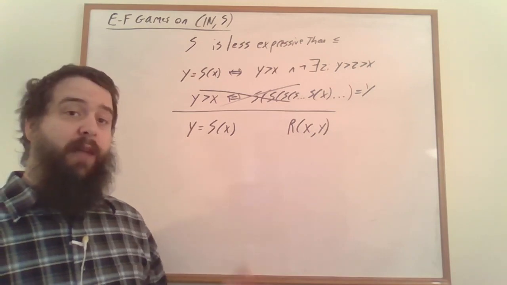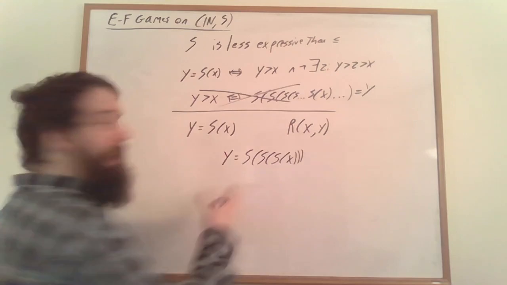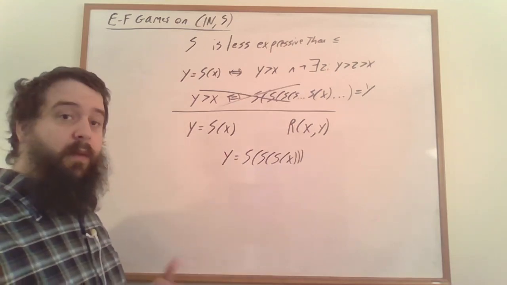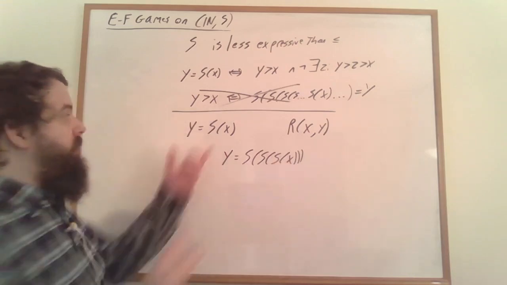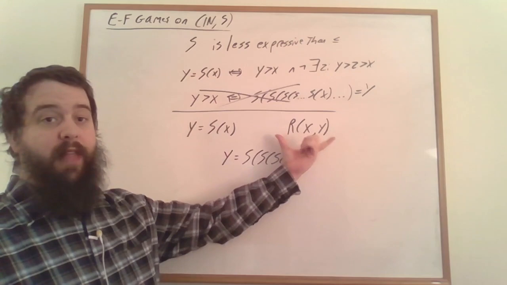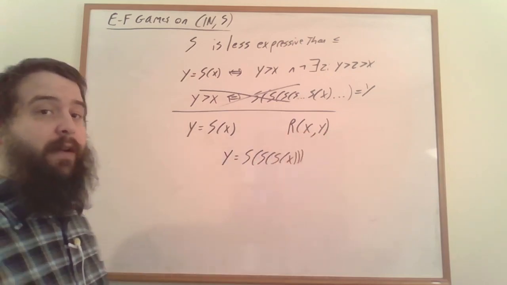And every time we have a more complicated formula, like y is the successor of the successor of the successor of x, well, we need to break this apart into just pieces that look like this so we can translate it into the language of this relation here. And we can do that by adding some extra variables.